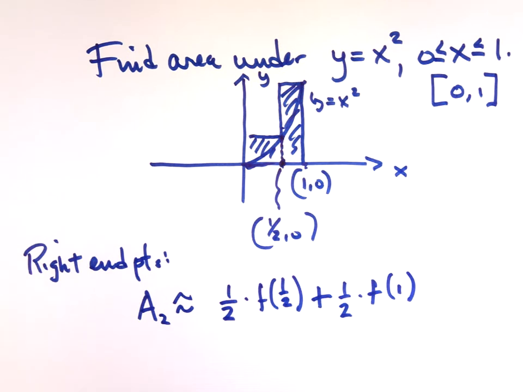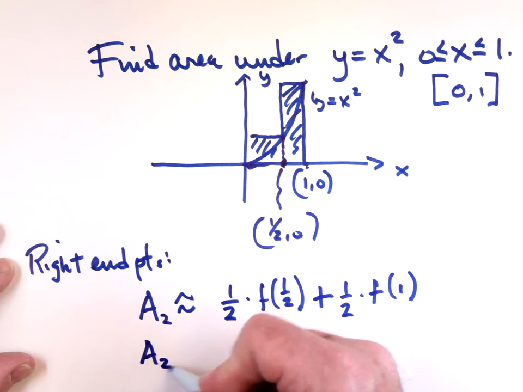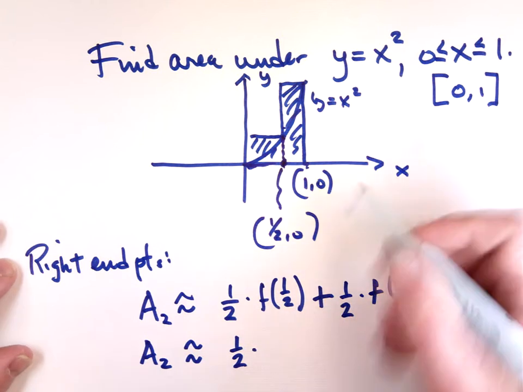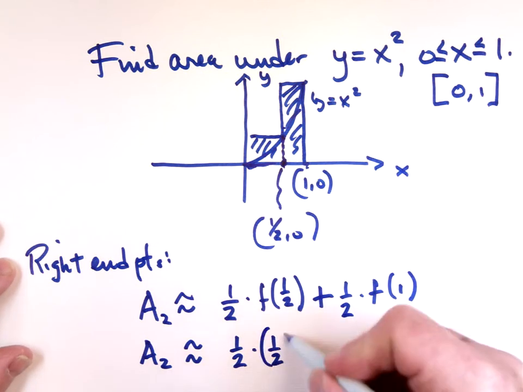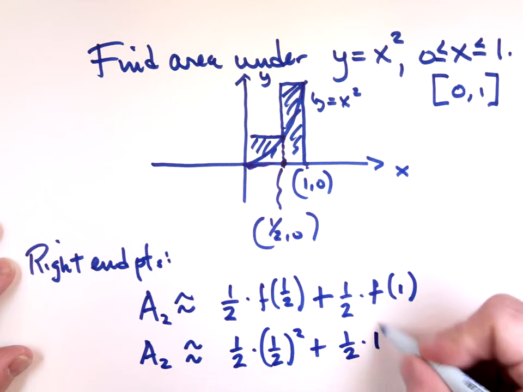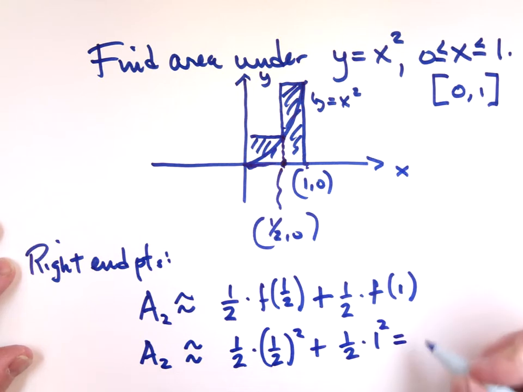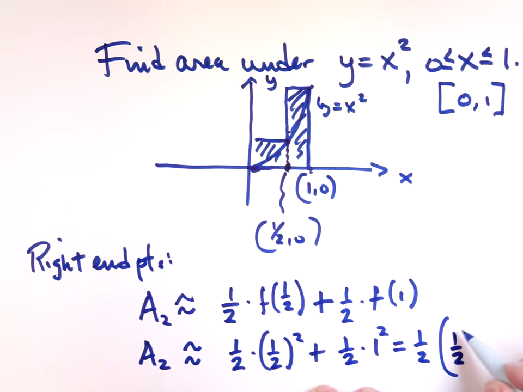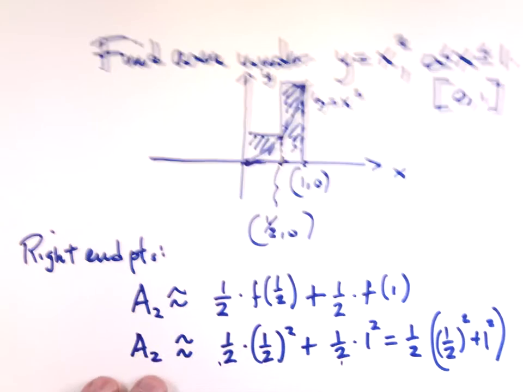Okay, this area in terms of two rectangles is 1/2 times f of 1/2, which is 1/2 squared, plus 1/2 times f of 1, which is 1 squared. And this is equal to 1/2 times 1/2 squared plus 1 squared. Okay, you with me? I took a 1/2 out of each. f is the function, f of x is x squared.